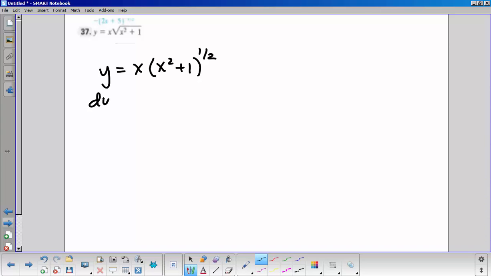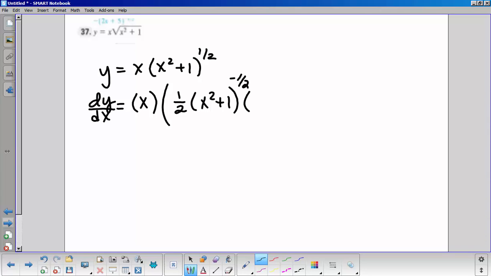So we'll say dy dx equals first d second, but what is the derivative of the second? It's a power combined with the chain, so it's going to be power down, 1 half x squared plus 1, lower the power 1 to the negative 1 half, times the derivative of the inside, which is 2x.